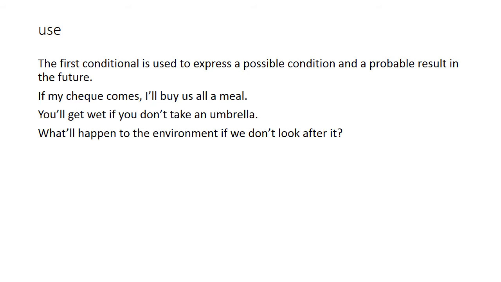Use. The first conditional is used to express a possible condition and a probable result in the future. Example, if my check comes, I will buy us all a meal. You will get wet if you don't take an umbrella. What will happen to the environment if we don't look after it?